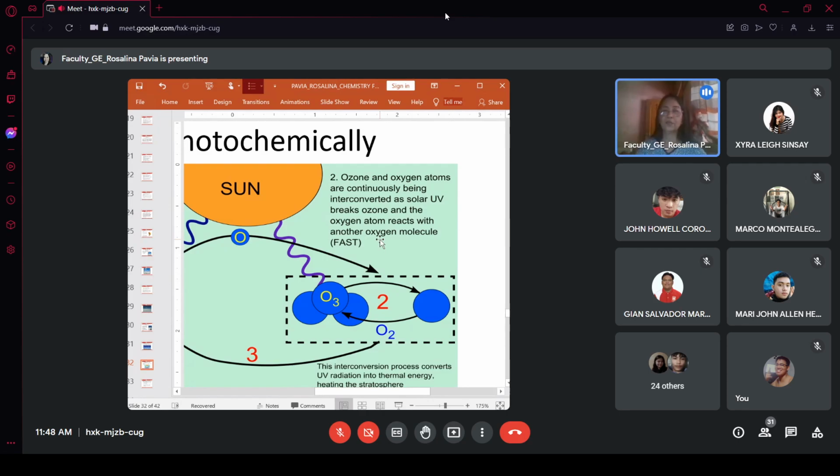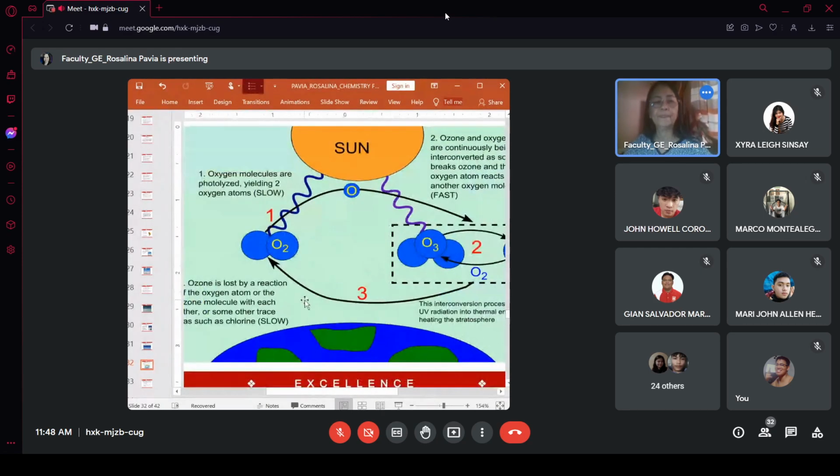Then, the UV rays again, tatamaan niya ulit si O2 para mag-break ng oxygen. Ma-break yung oxygen gas into atoms of oxygen and then continuously until there is a continuous production of ozone or O3.